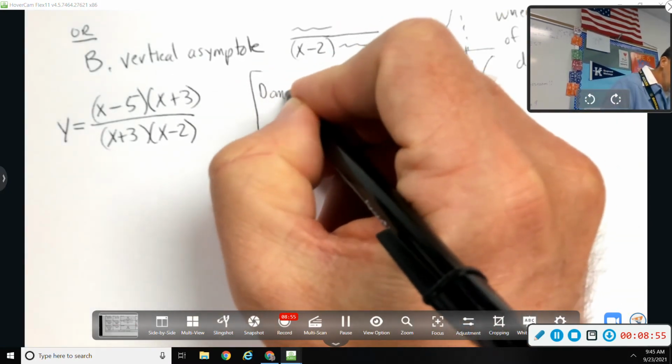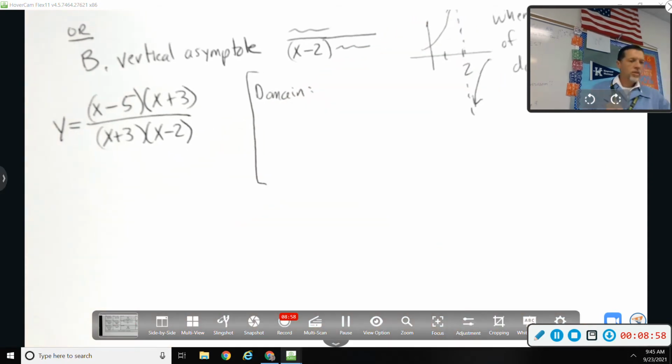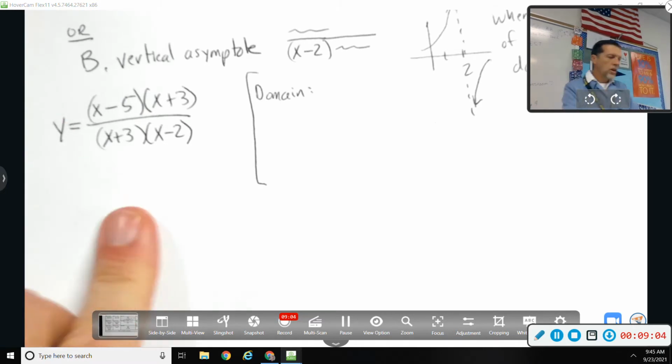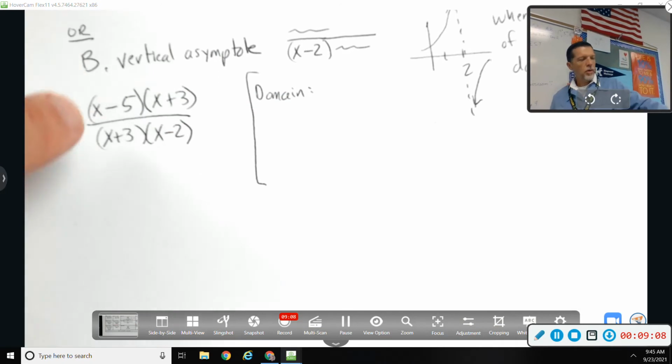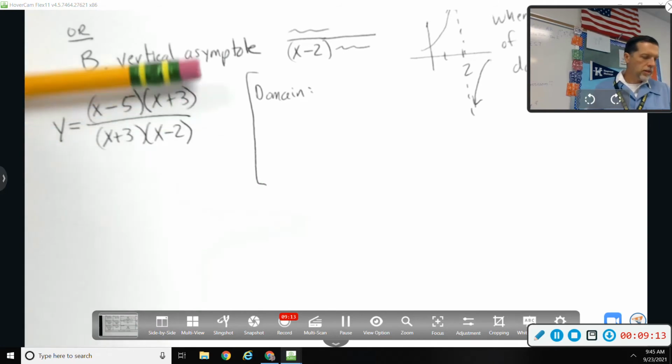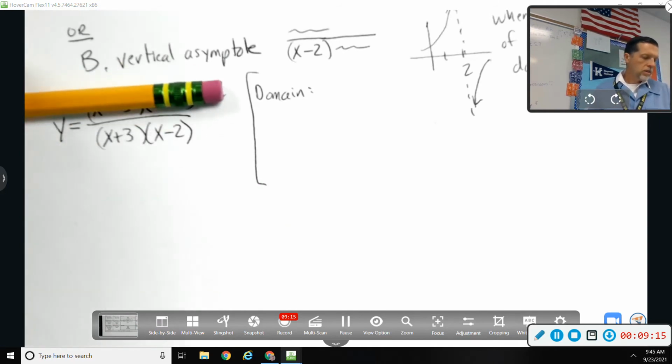So the first question is always going to be, what's the domain? For domain, am I looking at the top or the bottom or both? Just the bottom. So I only care about the denominator. So what can't x be?